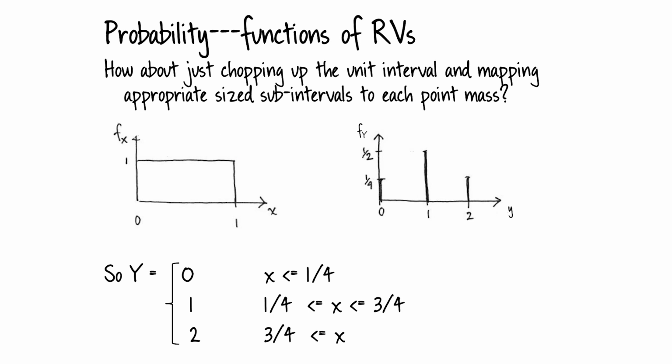So our function then, how do we specify this function? Well, we say that y, this new random variable y, is equal to 0 if x is less than 1/4. It's equal to 1 if x is between 1/4 and 3/4. And it's equal to 2 if x is greater than 3/4.